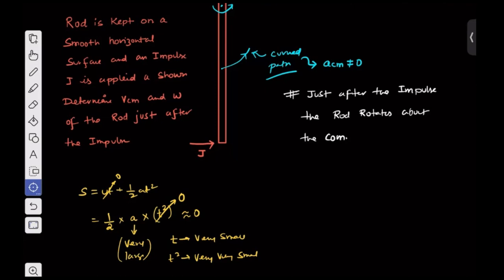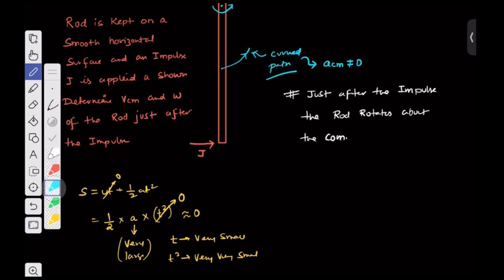So, like the way we were writing two things earlier, the force equation for the center of the mass's acceleration and the torque about the center of the mass, we will do a similar thing here.